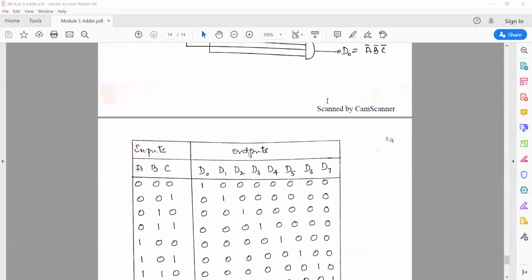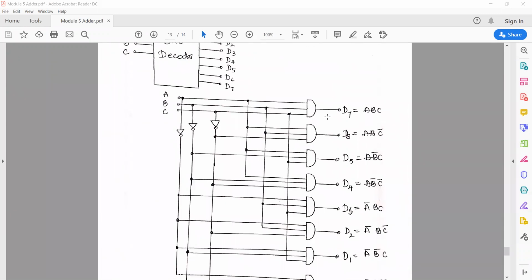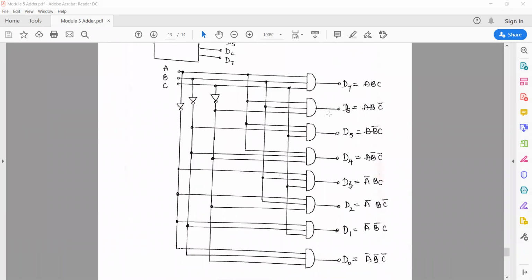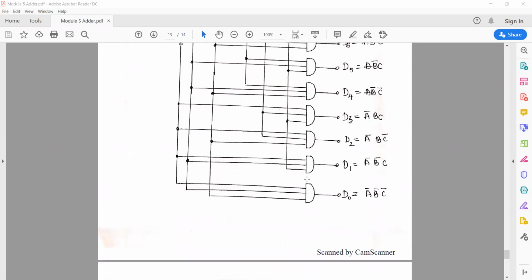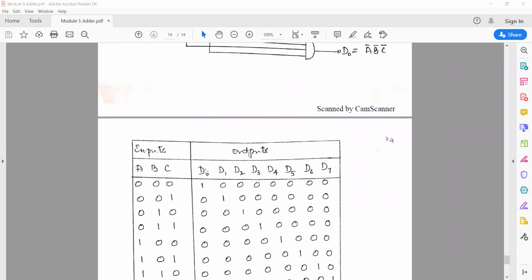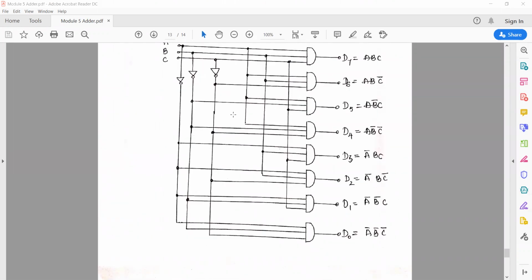In the same manner, we need to connect the lines over here. For line D0 to be equal to 1, what should ABC be? It is A complement, B complement, C complement.